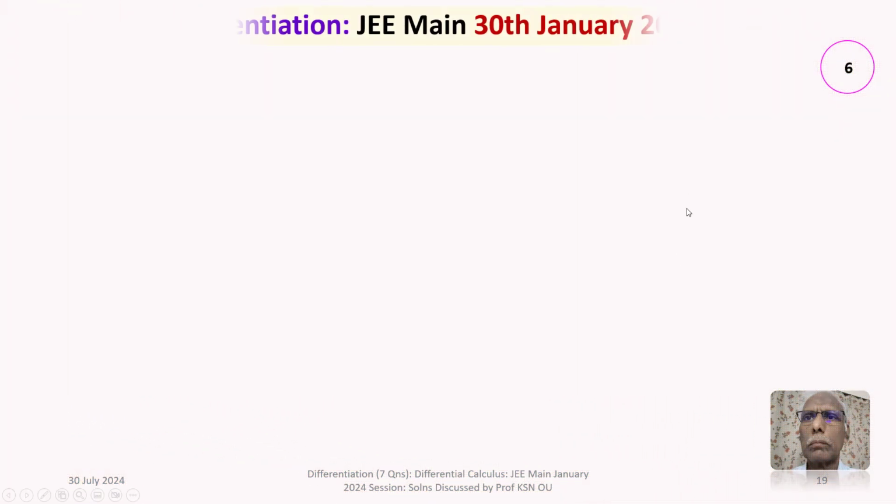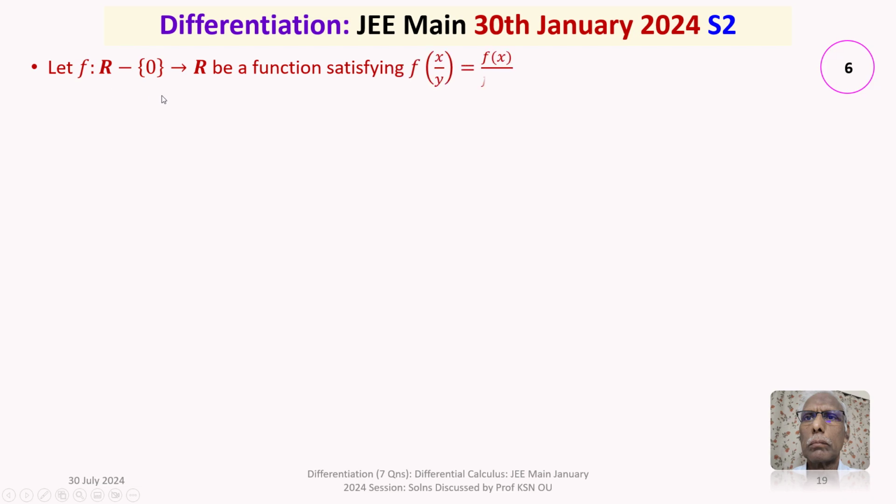This question appeared on 30th January 2024 in the second shift. Let f be a function from the set of non-zero real numbers into R, satisfying f of x by y is equal to f of x by f of y for all x, y where f of y sitting in the denominator is not 0.